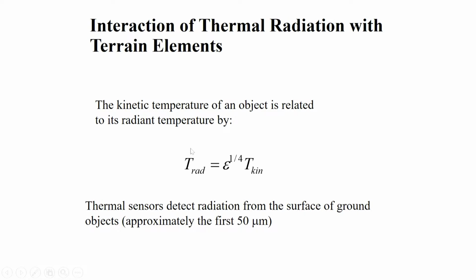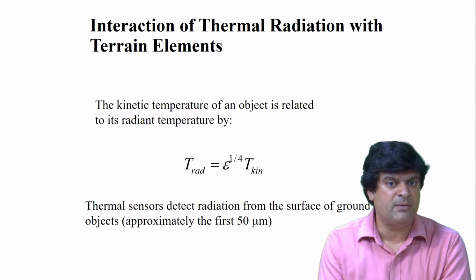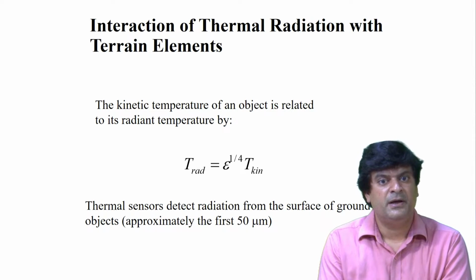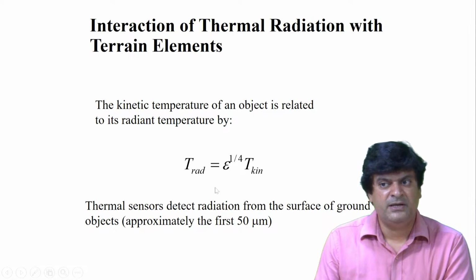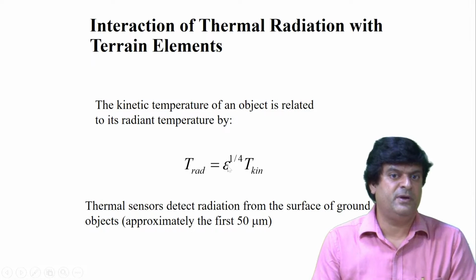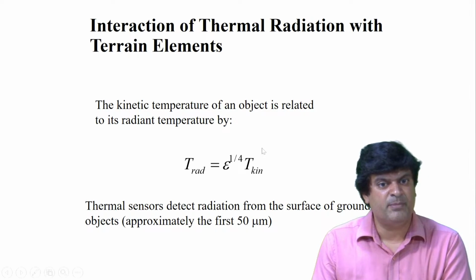The energy or temperature sensed by the thermal sensor will be the radiant energy or the radiant temperature. Once the radiant temperature is measured, and if we have the information of the emissivity of the surface, then we can easily measure the kinetic temperature.